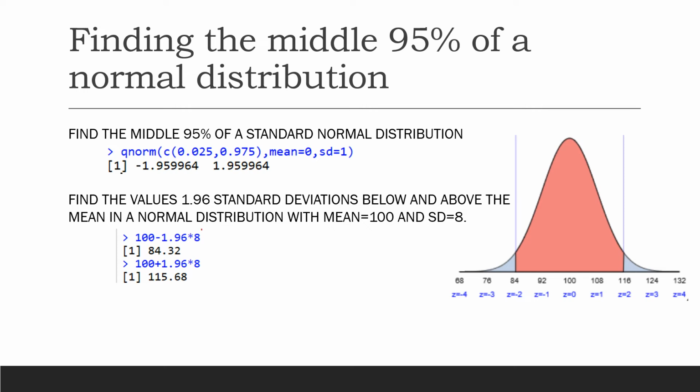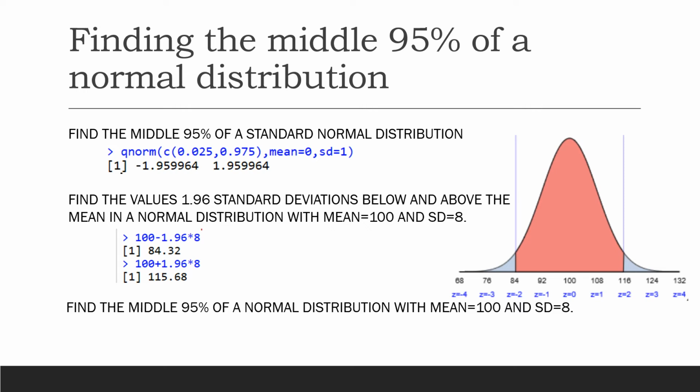And what we can see is that if I used R instead to find the middle 95% of the normal distribution with mean 100 and standard deviation 8, I get those same values. So again, we can work with the standard normal and use it to find percentiles and quantiles for any normal distribution.